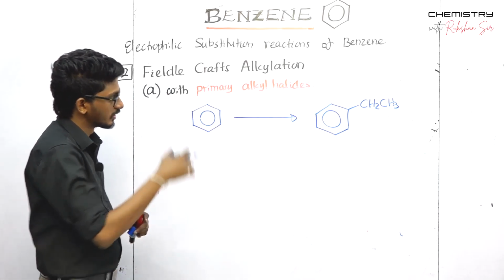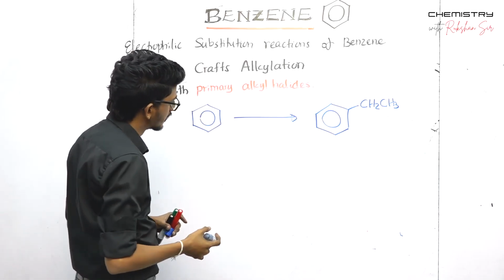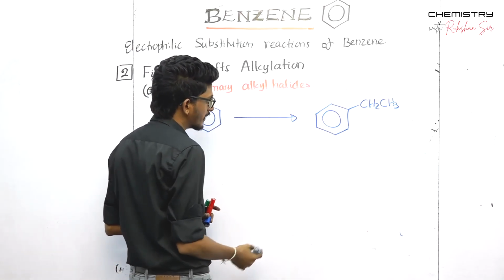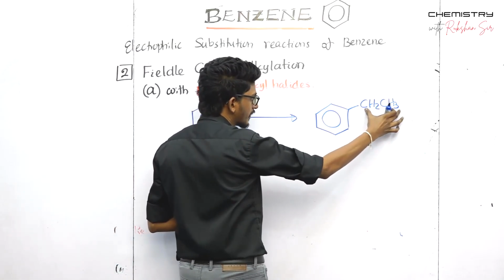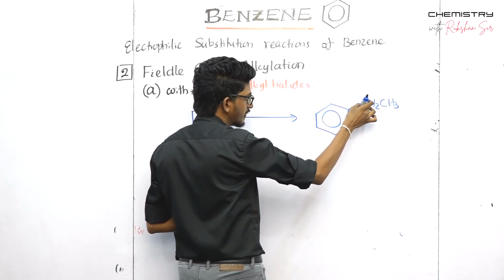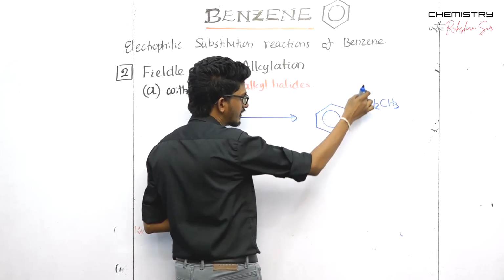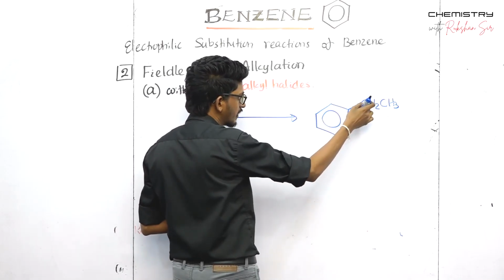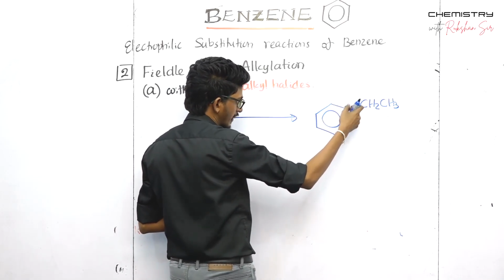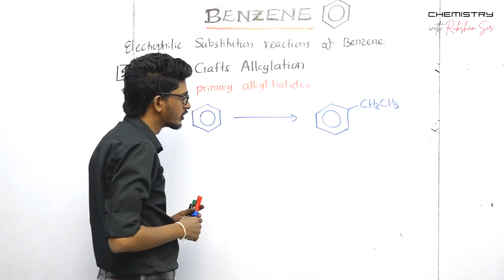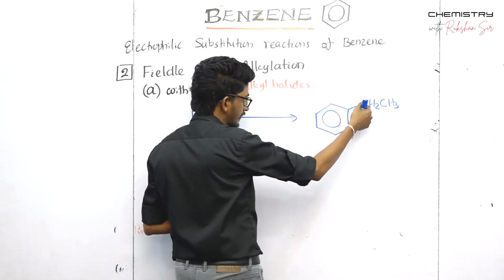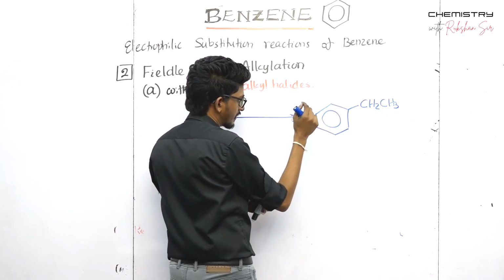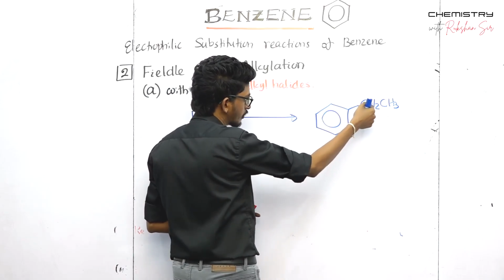To connect this kind of alkyl group, what we need to add is this group with some halogen here. By leaving the halogen, this carbon connects to the ring. Halogens are normally considered good leaving groups, so by leaving that halogen, the carbon will connect to the ring.